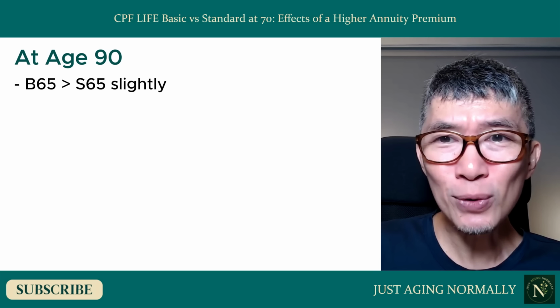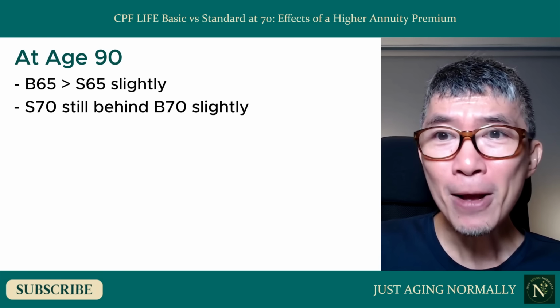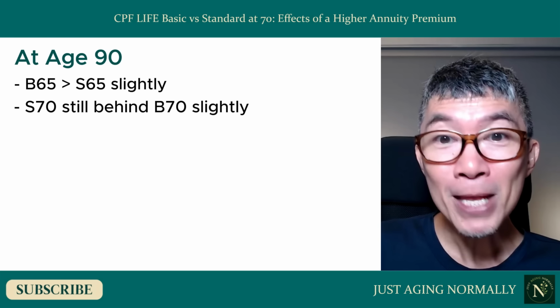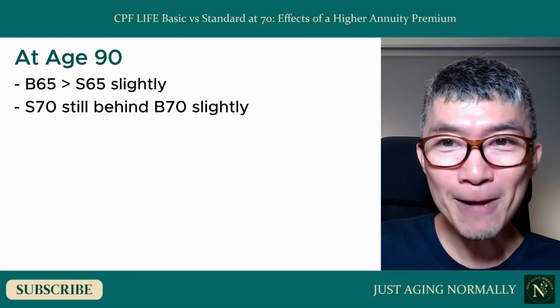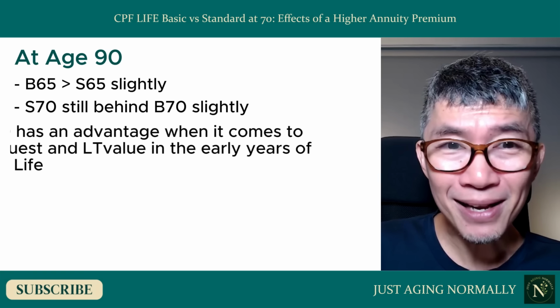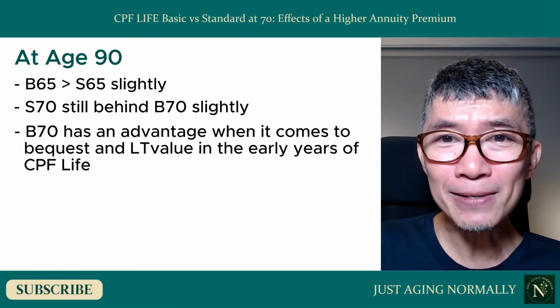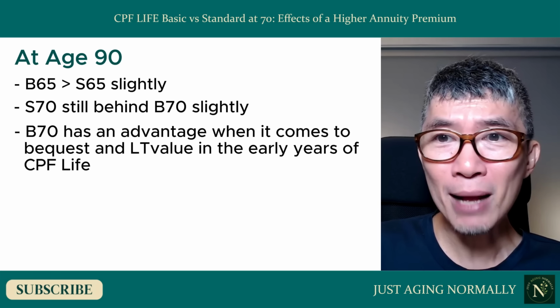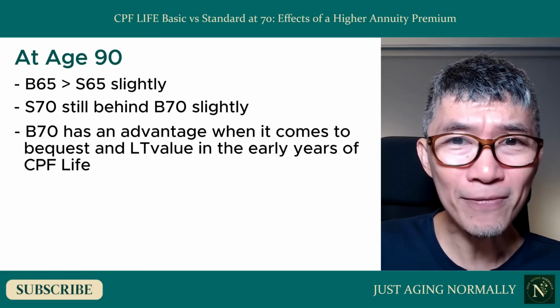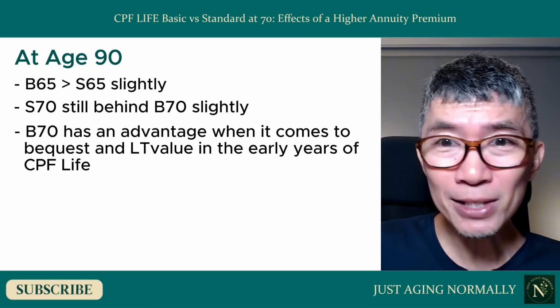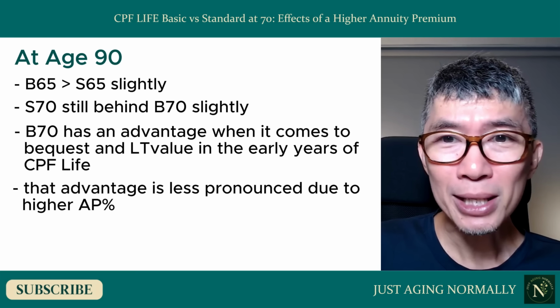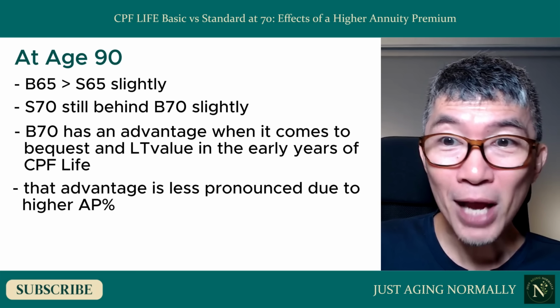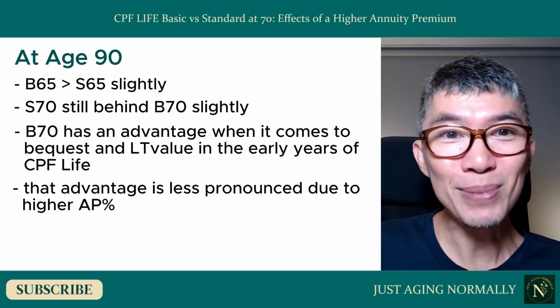Whereas if he had chosen the standard 70 over basic 70, he will still be slightly behind. But when taken together, the message is pretty clear. B70 still has an advantage when it comes to bequest and LT value in the early years of CPF Life, but that advantage is less pronounced than it was at 65 due to the higher AP percentage.